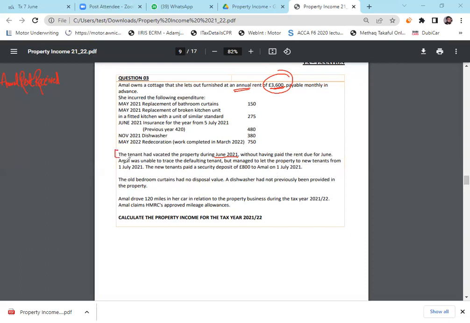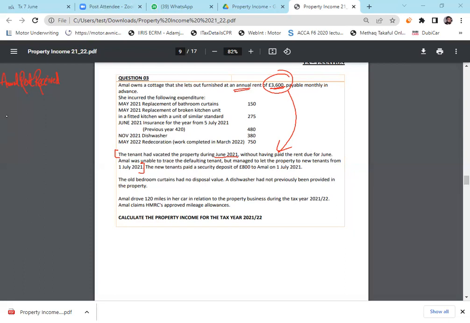Just read this line. The tenant had vacated the property in June and he didn't pay the rent for the month of June. And we found another tenant which starts from July. So with reading this line, did he get the whole 3,600 or did he lose one month's rent?